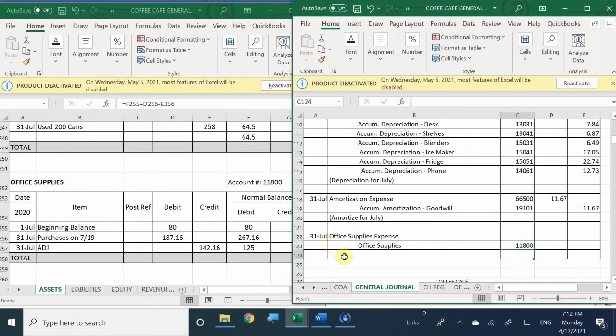And then I'm going to go ahead and write adjust for July. And we know now that we used 142.16.